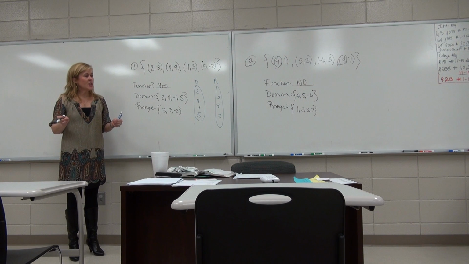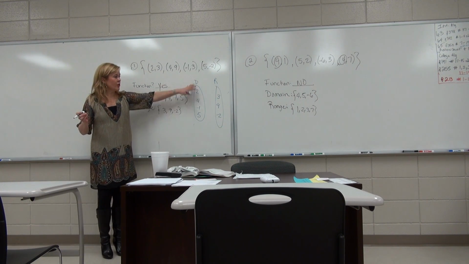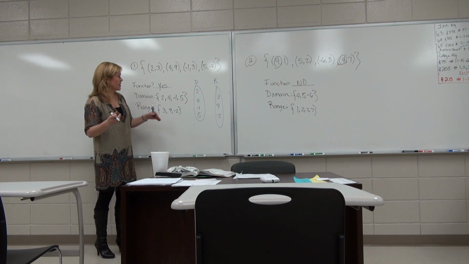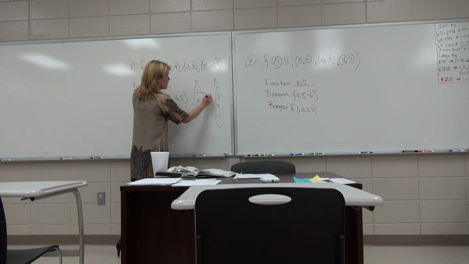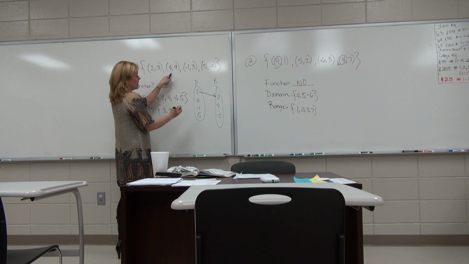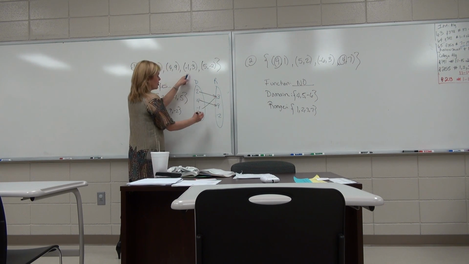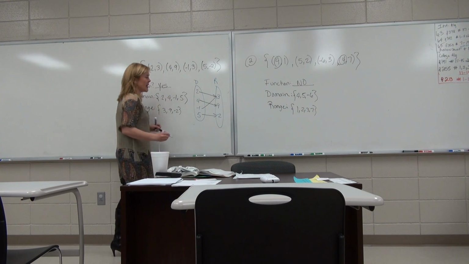What your definition says is that each first component can only correspond to exactly one of the second components. So here 2 only goes to 3, 4 only goes to 9, negative 1 only goes to 3, 5 only goes to negative 2.